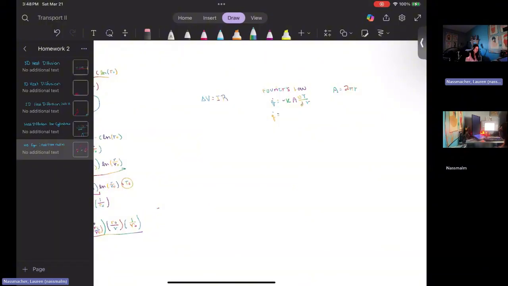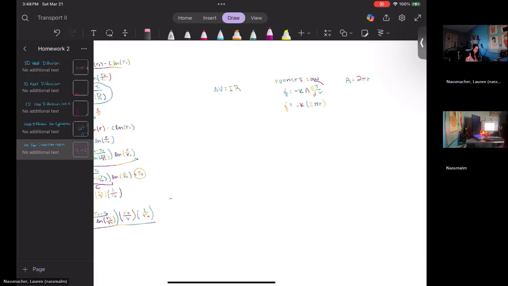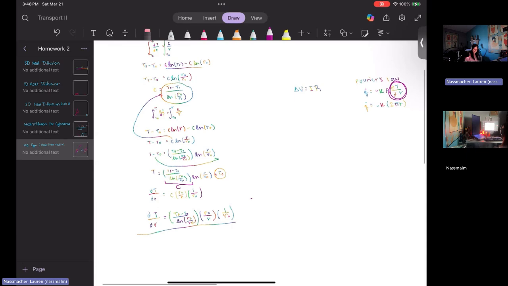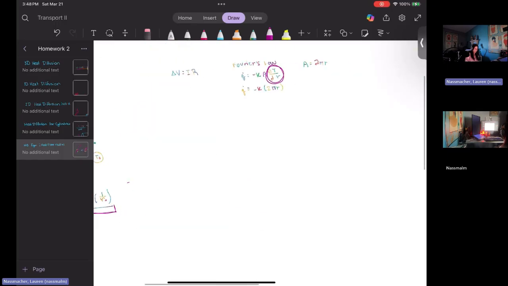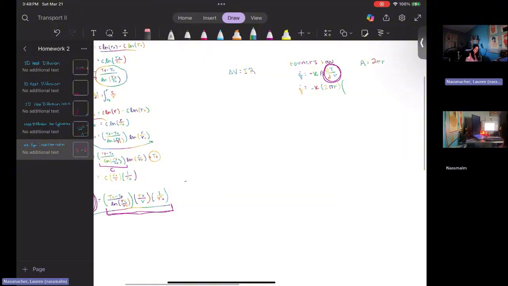So our heat flow is going to be negative thermal conductivity multiplied by our area. And as you see here, this little expression is right here. We can plug what we just derived into Fourier's law to get that our change in temperature divided by natural log of our final and our initial radius, multiplied by our initial radius over the radius we are looking at.